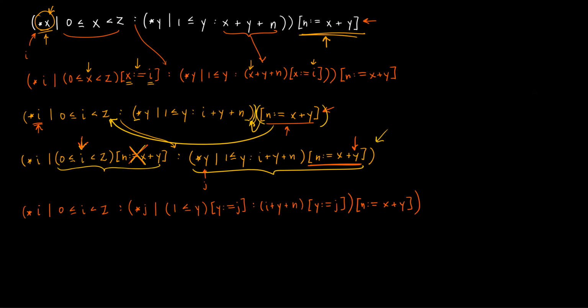So now we're really only taking a look at this y quantification here. So we can go ahead and perform our dummy variable swap. All we need to do is perform this textual substitution and this textual substitution. So all that's really going to mean is we're going to take all of our occurrences of y and replace them with j, just like that.